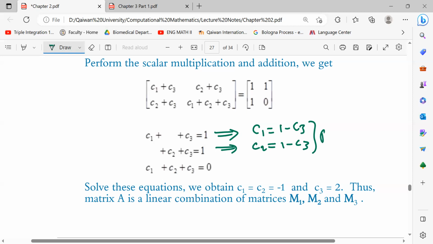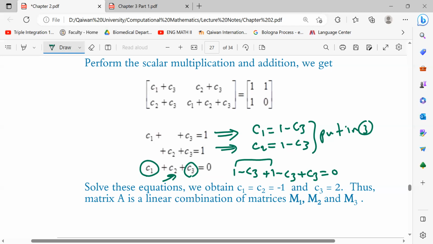Put in the third equation. If we replace C1 by 1 minus C3 and C2 by 1 minus C3, and we have C3 also, this is equal to 0. 1 plus 1 is 2.